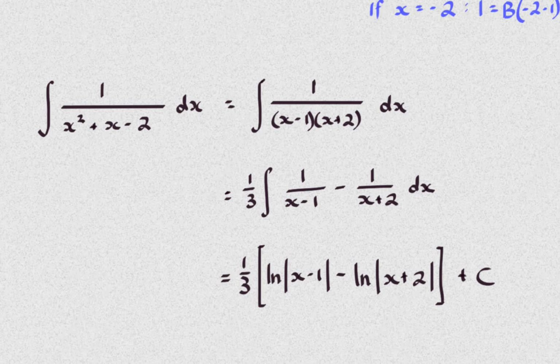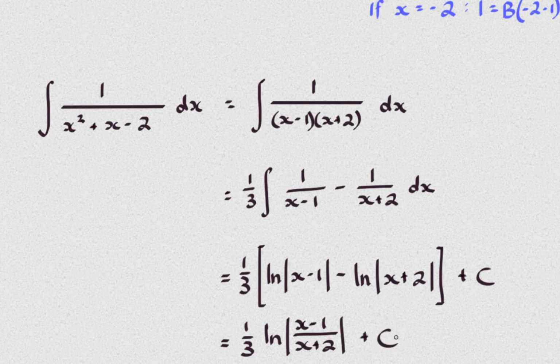And yeah, I mean, we could actually, if we want to be a bit tricky, we could use log laws to combine these. So when we have the natural log of some a minus the natural log of some b, this becomes a fraction a on b. So that looks nice as well.